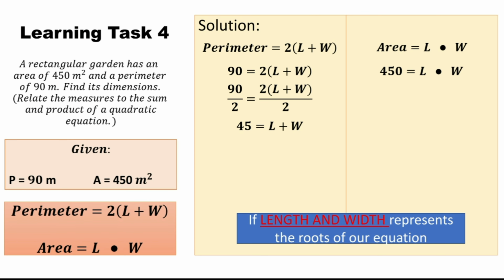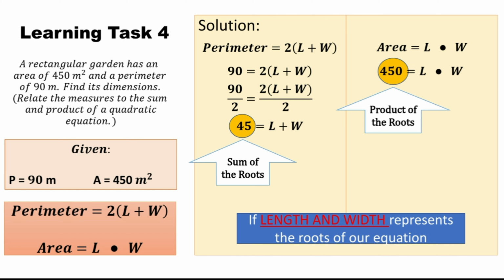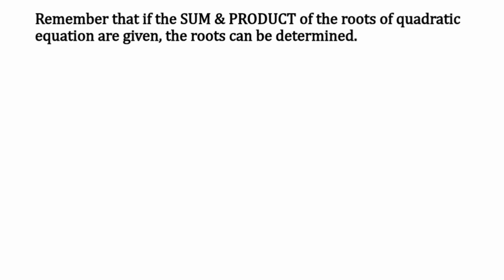So here, if our length and width represent the roots of our equation, it follows that 45 is the sum of the roots and 450 is the product of the roots. Remember that if the sum and the product of the roots of a quadratic equation are given, the roots can be determined.